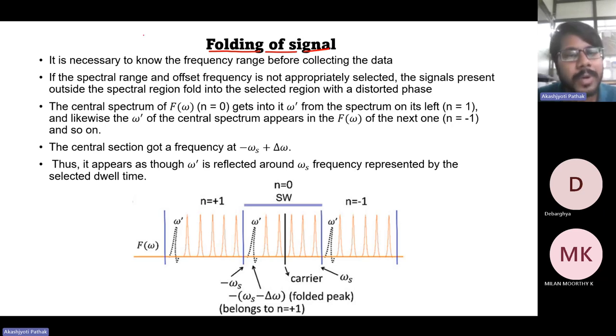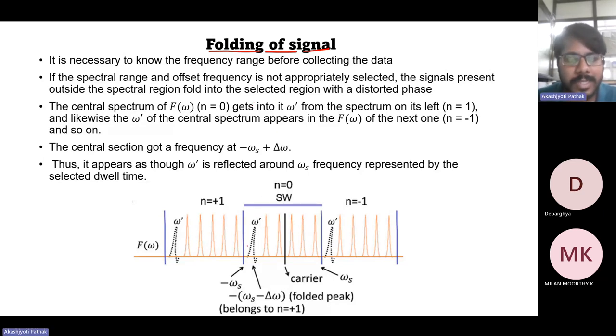Depending on our protein of interest, or which amino acid side chain or which residues we are trying to probe, we must know the frequency range. So if the spectral range and the offset frequency are not appropriately selected, the signals present outside the spectral region fold into the selected region with a distorted phase.